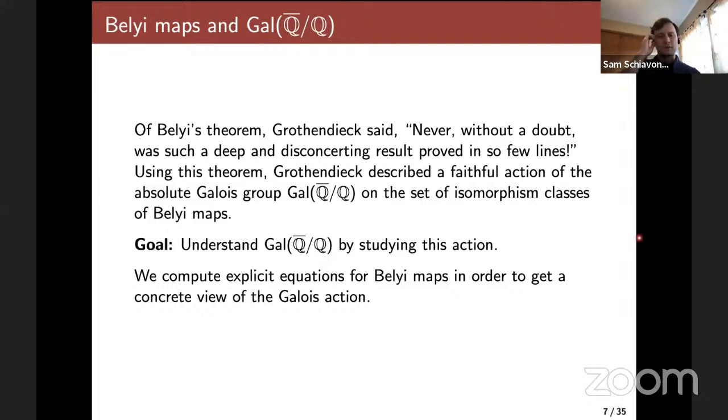Like I said, this is a somewhat lofty goal, to try to understand this important and mysterious group. We're going to study its action by writing down explicit equations for Belyi maps, and then looking at how the Galois group acts on these isomorphism classes of Belyi maps. This will give us a concrete view of the Galois action.